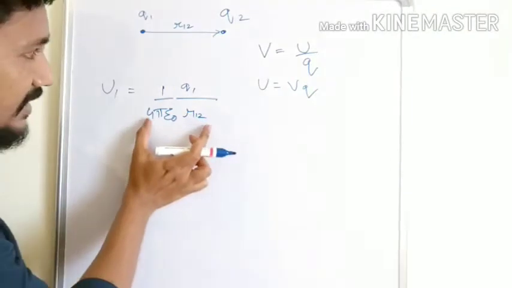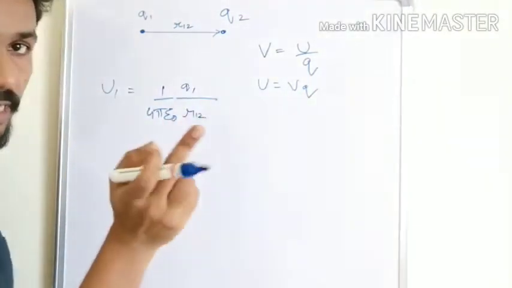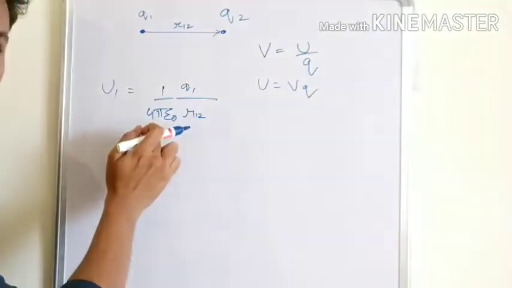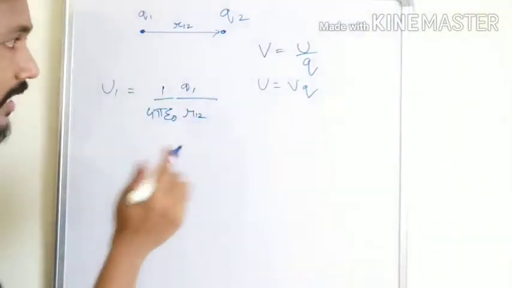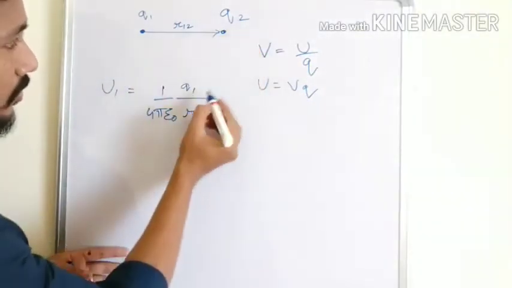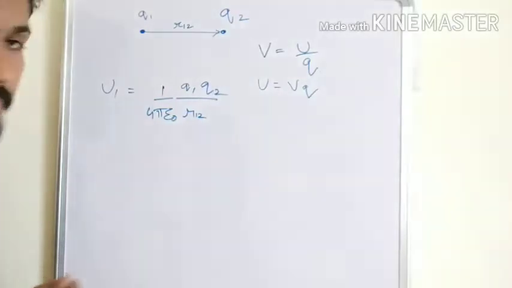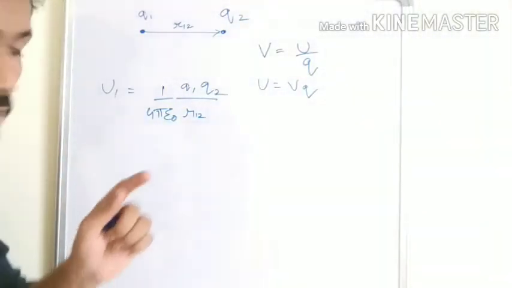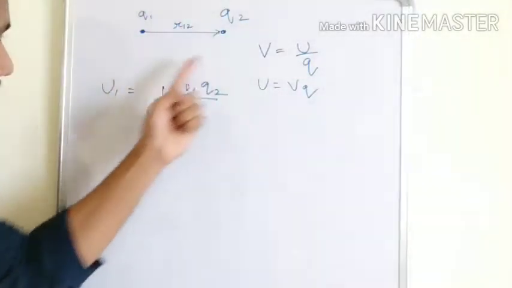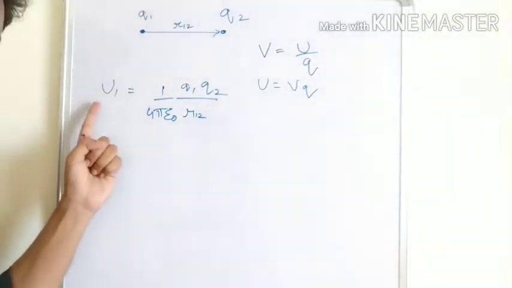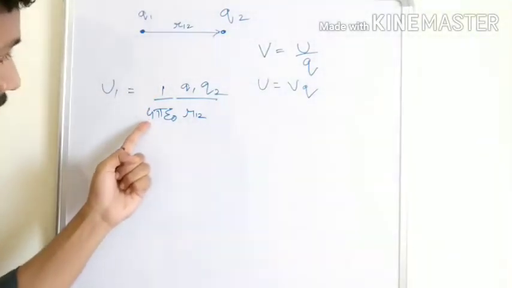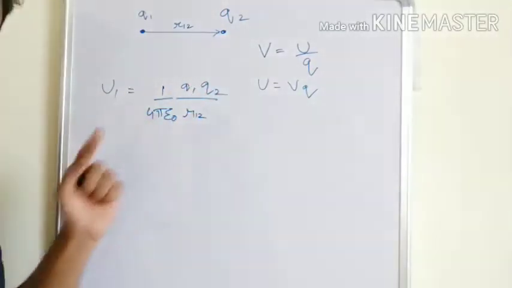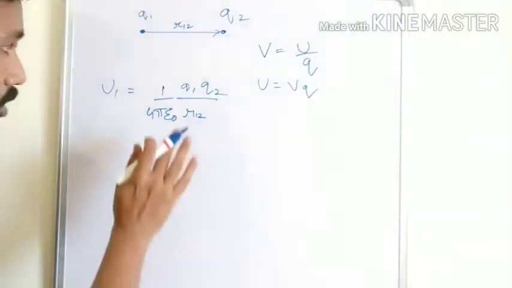You remember this is nothing but V, the electrostatic potential: 1 upon 4 pi epsilon 0, Q1 upon R12, multiplied by Q, which is Q2. So U1 is equal to 1 upon 4 pi epsilon naught Q1 Q2 by R12. I hope this is understood.